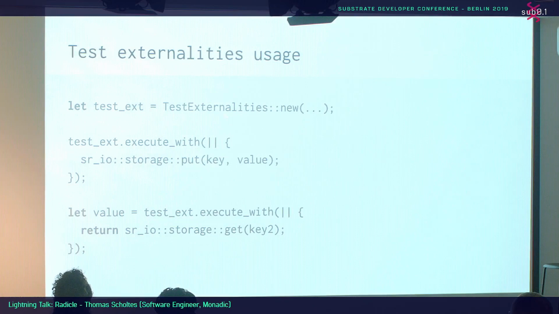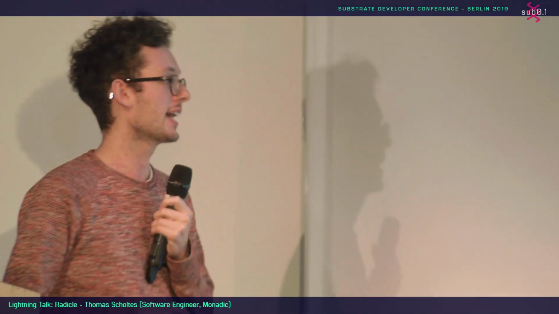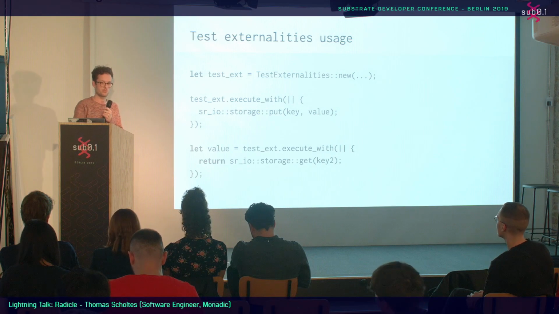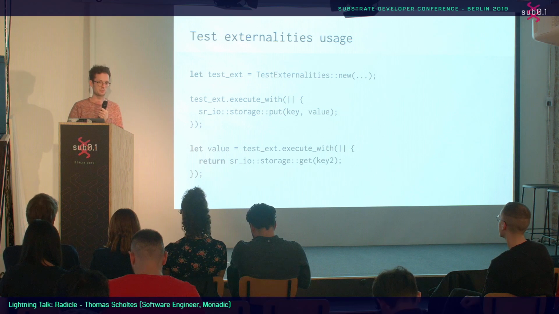What you can do with this is you create it, you need to pass it some parameters that I won't go into. And what you can then do is you can call this execute with function on it. It takes a closure, and in this closure you can call this function. If you call this function from the SRIO module from any Rust code, then it's actually going to error and tell you, okay, there's no storage available.